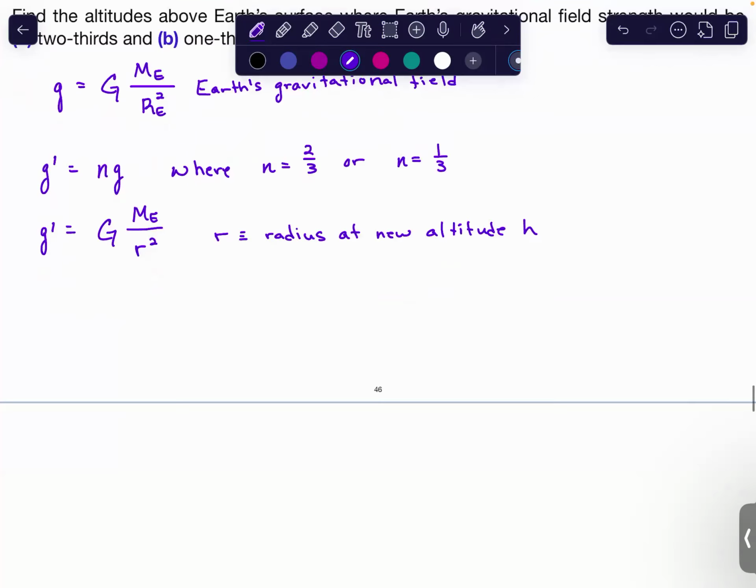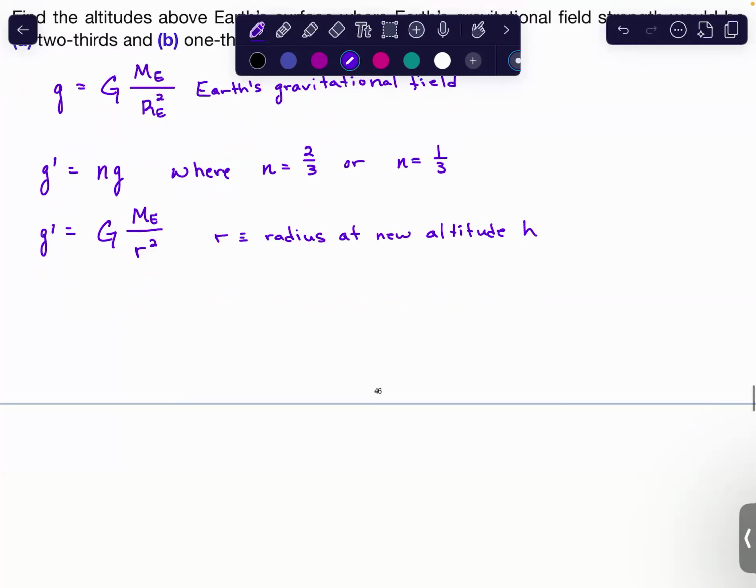Okay, so the first thing we can do is solve our second equation and say n is going to equal g prime over g.